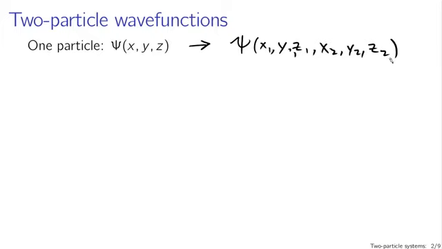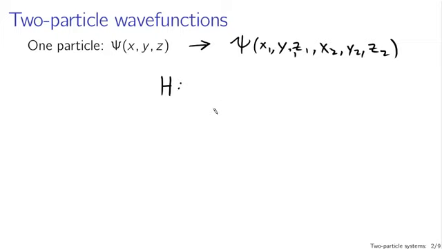If our wave functions are functions of multiple variables, you might expect that our Hamiltonians would get more complicated as well, and they do. The Hamiltonian operator, which we had before, was simply, in the single particle case, a momentum operator and a potential operator. Now you'll have to deal with the momentum of each particle separately.